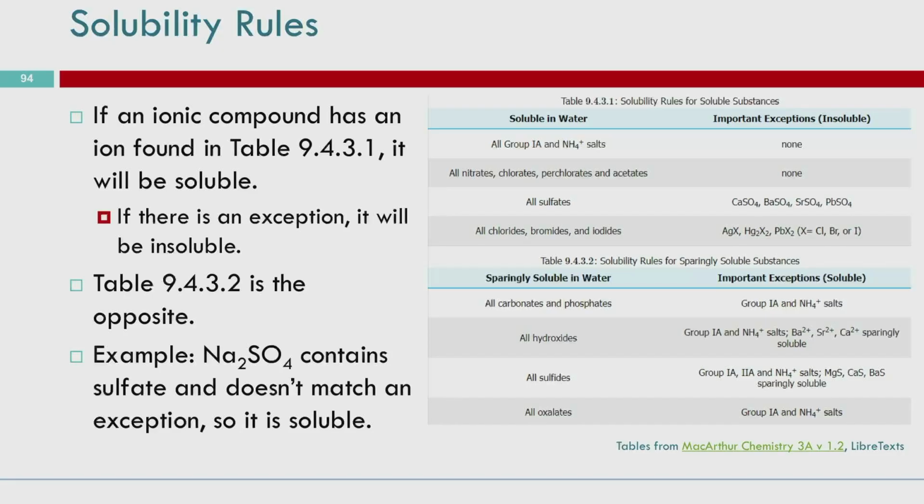Here's the one that you see on the book online, combining two tables, table 9.4.3.1 and table 9.4.3.2. The general principle of how solubility tables work is the same, though, even if they look a little different.